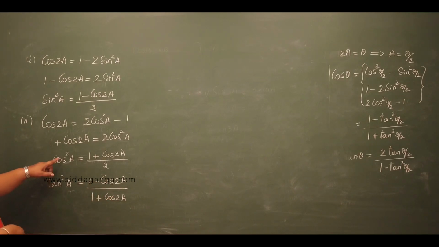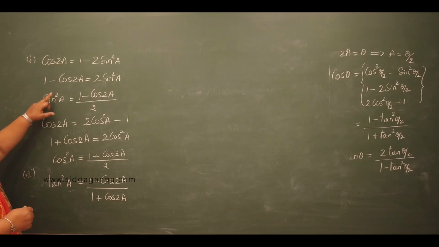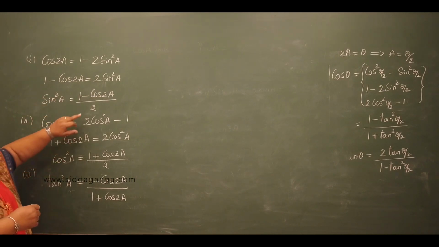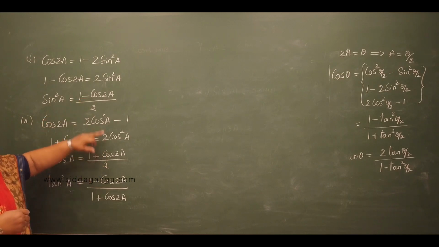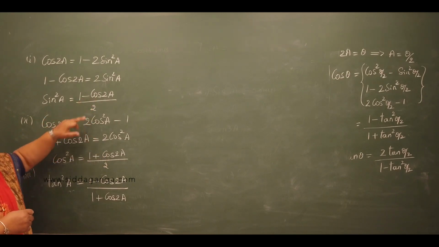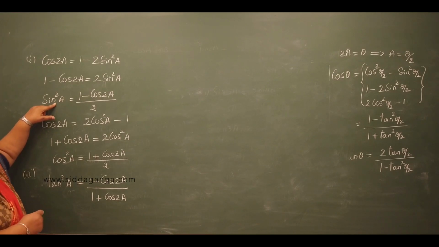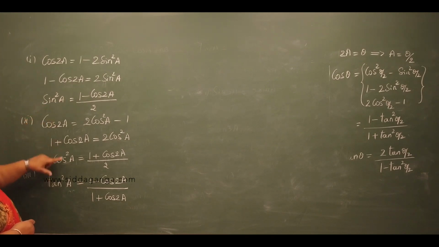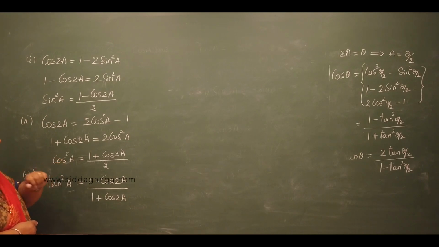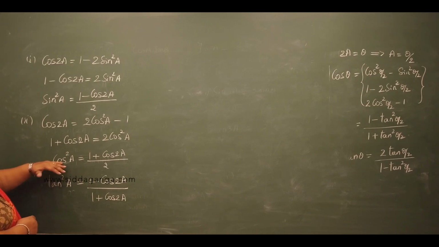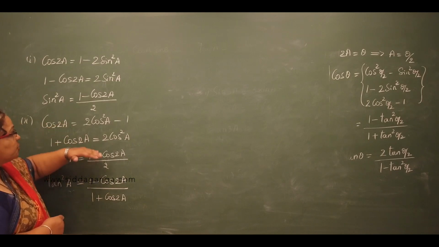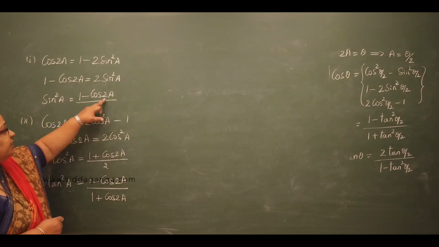So these are the results to express sin square A and cos square A in terms of the multiple angle 2A. Sin square A we can express by using the identity as 1 minus cos square A, or cos square A equal to 1 minus sin square A. But here, using these results, we are expressing sin square A and cos square A in terms of the multiple angle 2A.